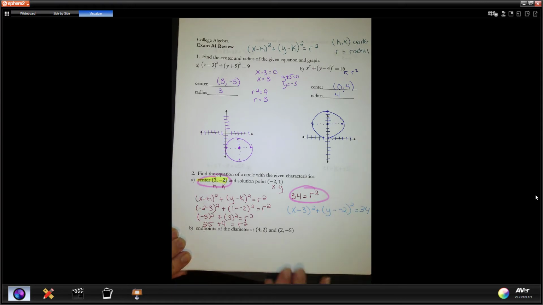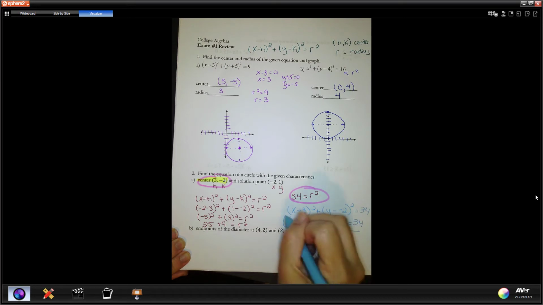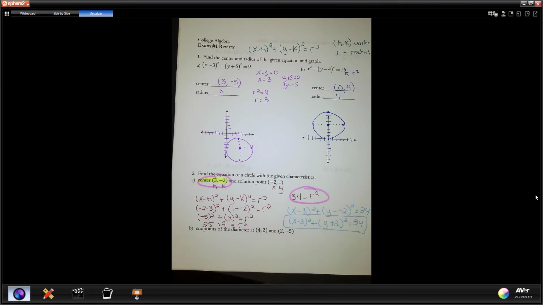To be a little more mathematical, we would say (x minus 3) squared plus (y plus 2) squared equals 34. And that happens to be our final answer.